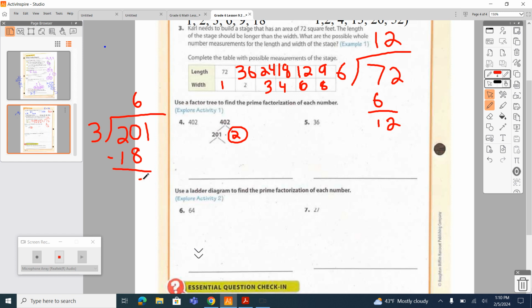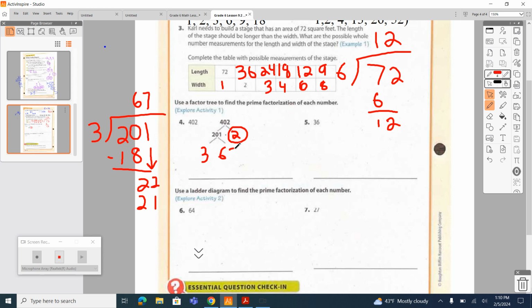Bring down the 1. And 21, 7. Okay, so I'm just looking over my math here because I want to make sure that that's right. 7 times 3 is 21. So I have 3 and I have 67.